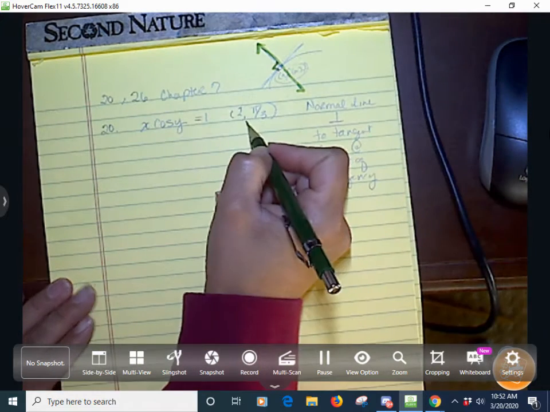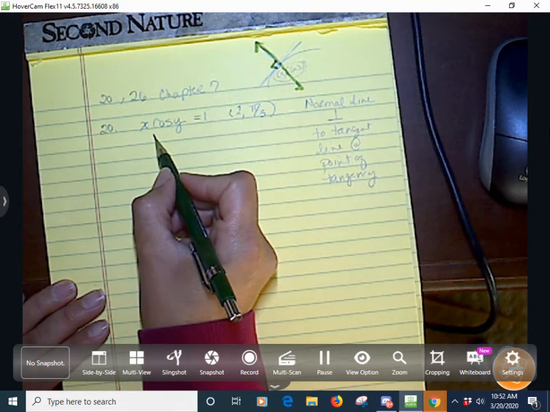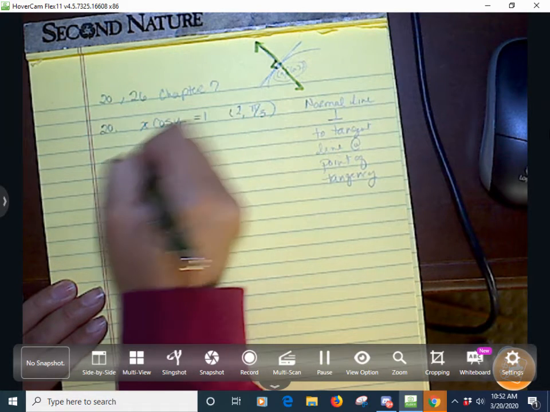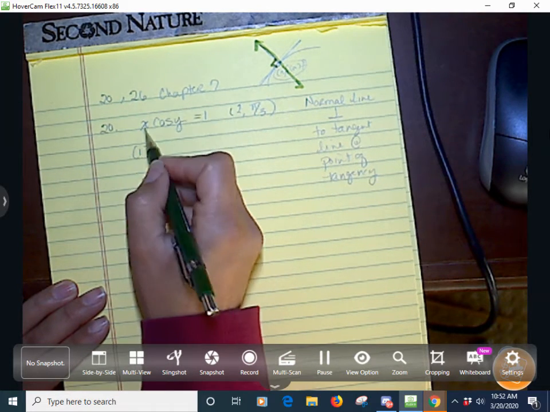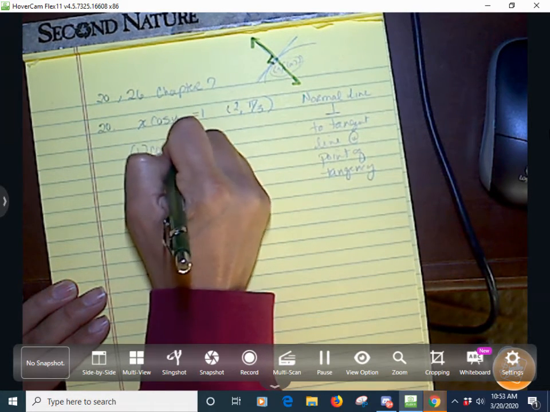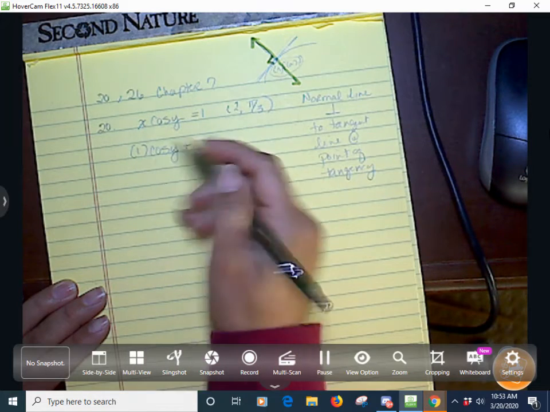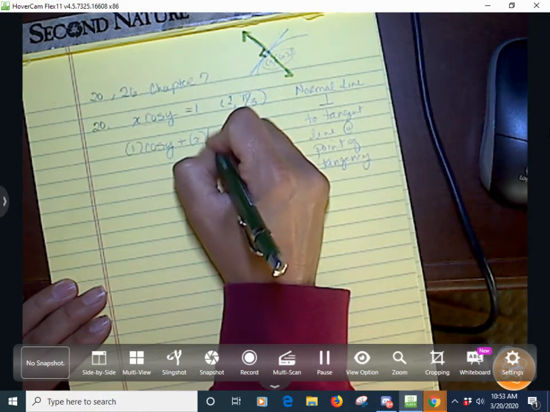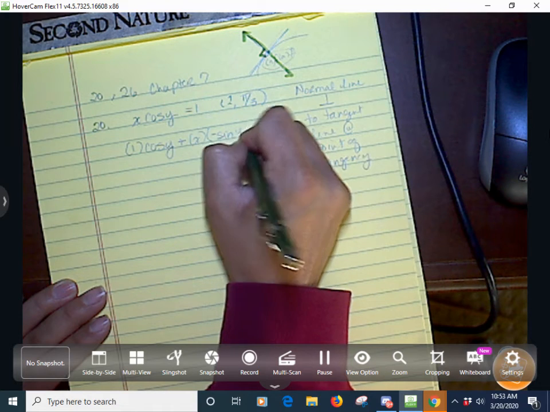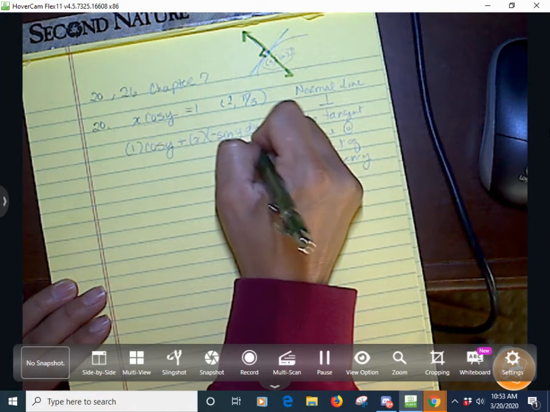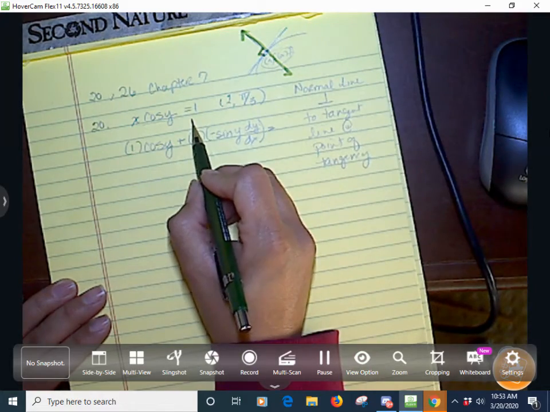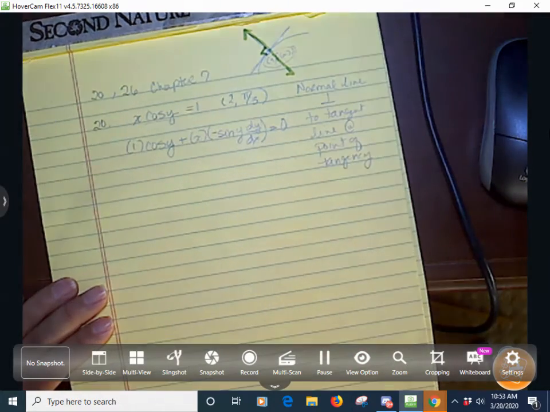So what we need to do first is take the derivative of this and find the slope at this point. We're going to use the product rule. So the derivative of x is 1 times cosine y, plus x times the derivative of cosine y, which is negative sine y, times dy dx for implicit differentiation, equal to the derivative of 1, which is 0.